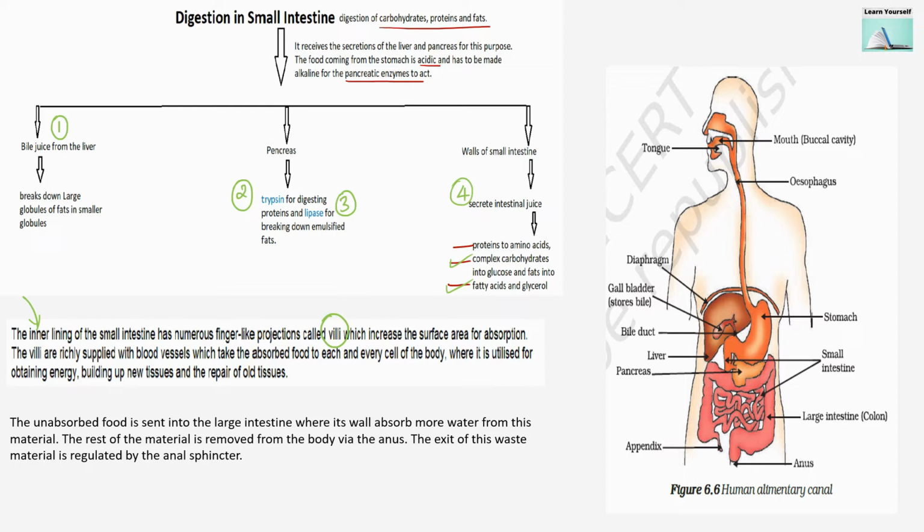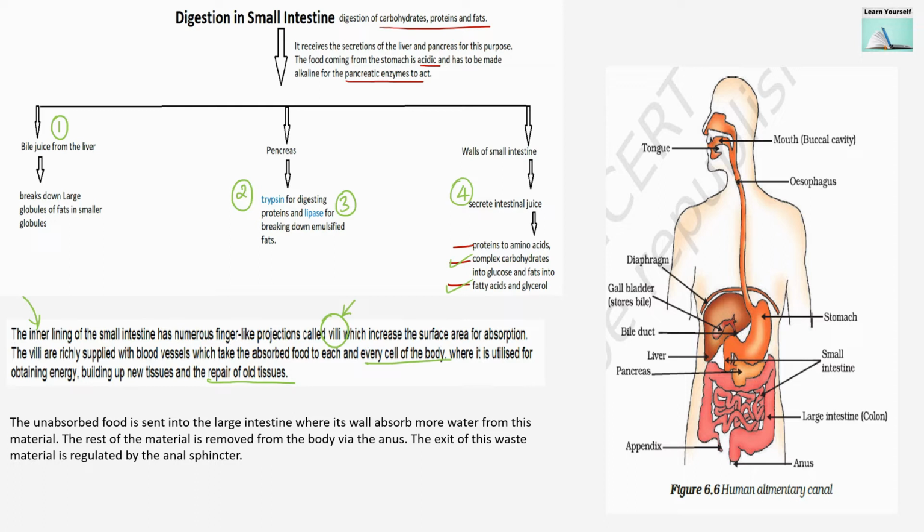The villi are richly supplied with blood vessels which take the absorbed food to each and every cell of the body, where it is utilized for obtaining energy, building up new tissue, and repair of old tissue. So this is the function of absorbed nutrition. And who will absorb all this nutrition in the small intestinal wall? The finger-like projections, villi, on the wall of the small intestine will absorb all this nutrition.